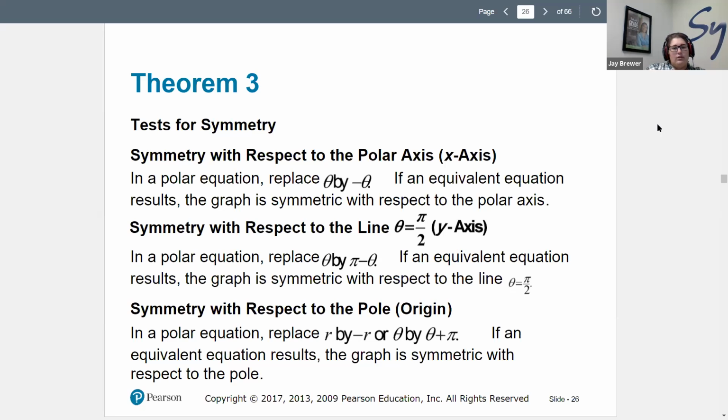In a polar equation, replace r by negative r or theta by theta plus pi. If an equivalent equation results, the graph is symmetric with respect to the pole. Okay. There are not any examples for this section.